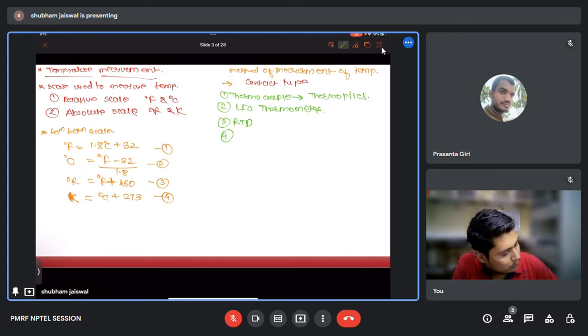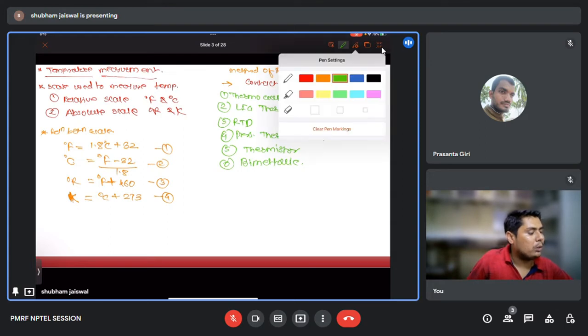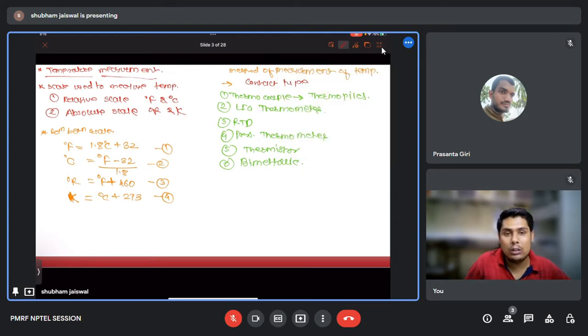So these are the 6 instruments we have seen in the contact type.